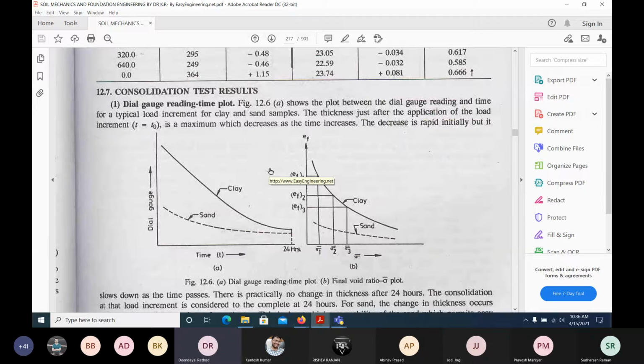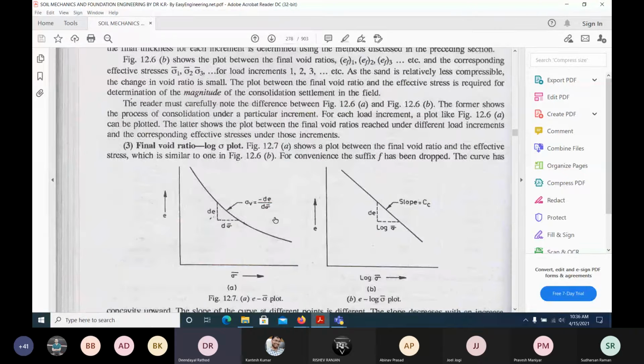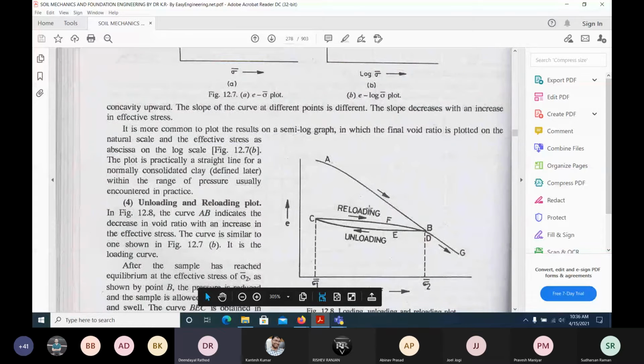Why we have to use log, I have explained: to make this particular curve straight. We use log here, e-log p curves. And I have explained that loading and unloading also we will do in the laboratory.